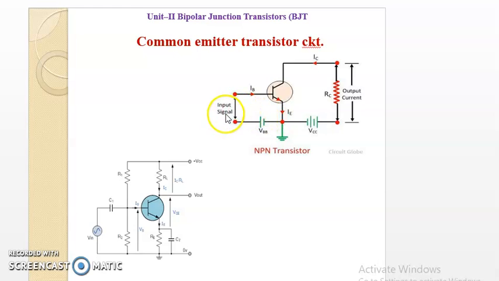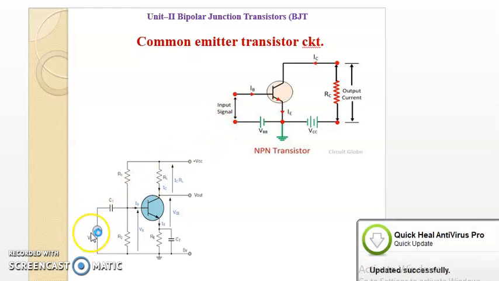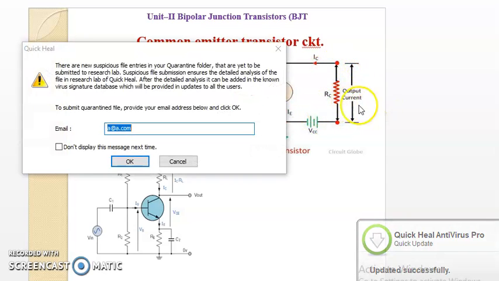Here input is shown. It is given between base and emitter. Input signal is written, and the input symbol, sine waves, is shown in the figure. Between emitter and collector there is a load, that is collector resistance.